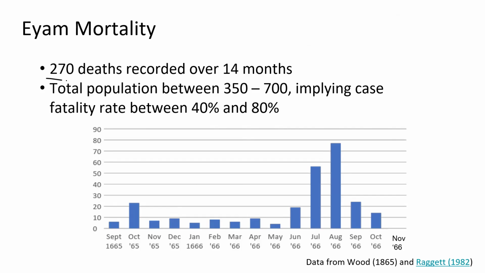In this one village, there were 270 deaths recorded over 14 months, and the population is somewhere around 350 to 700. So it gives you a mortality rate of between 40 and 80%, which is right around the same space we see bubonic plague having its mortality rate even still today.